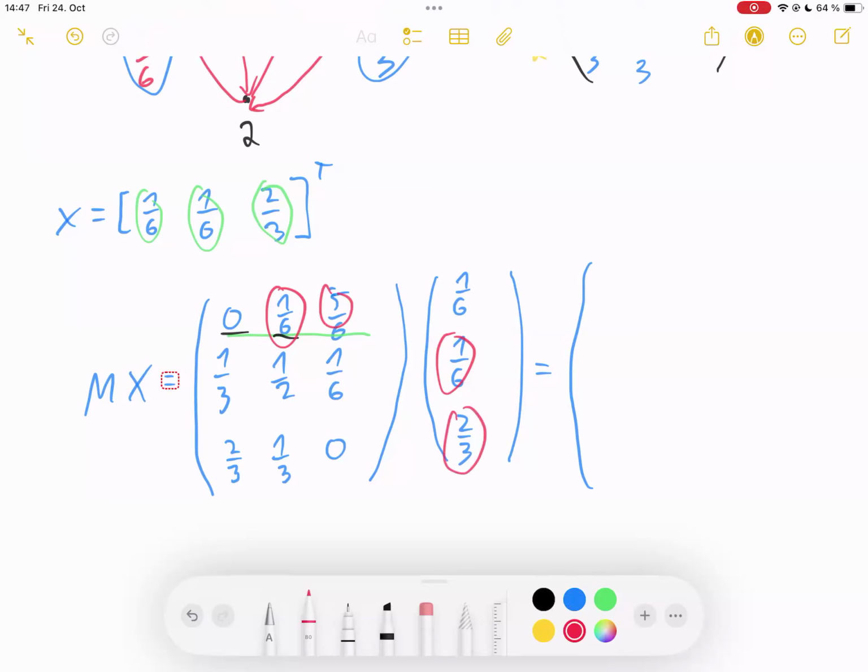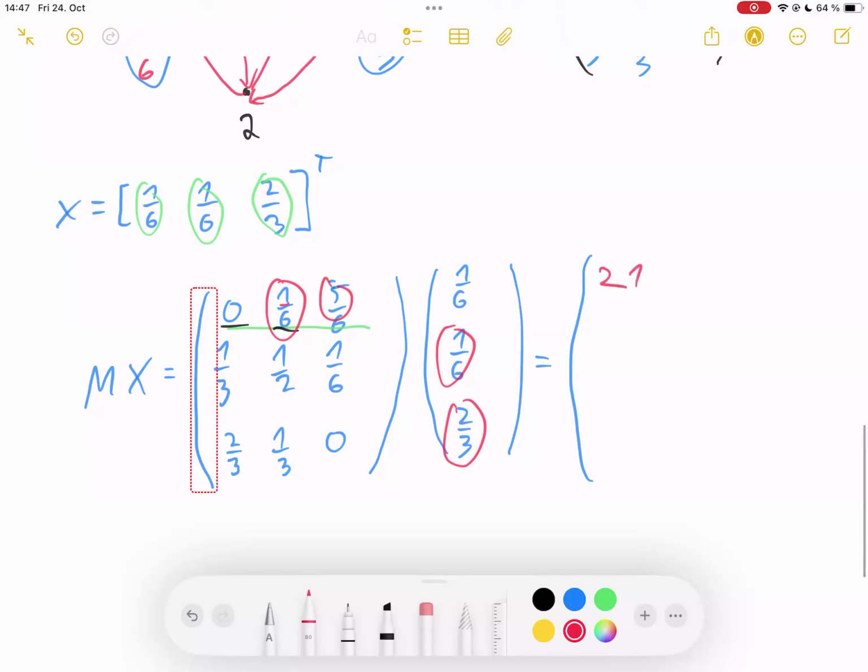So 5 times 4 is 20 divided by 36, plus this one from here. So it's 21 divided by 36.